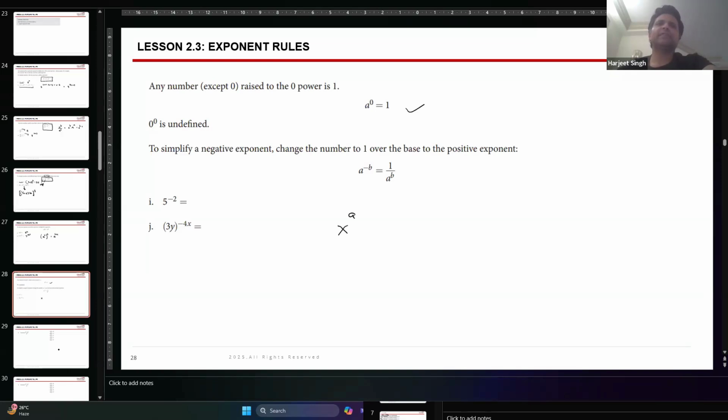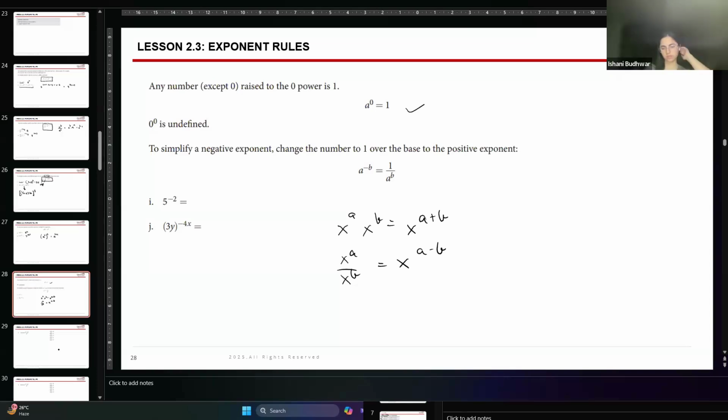X raised to a into x raised to b will become x raised to a plus b. X to the power a divided by x to the power b becomes x to the power a minus b. A raised to x into b raised to x becomes ab raised to x.